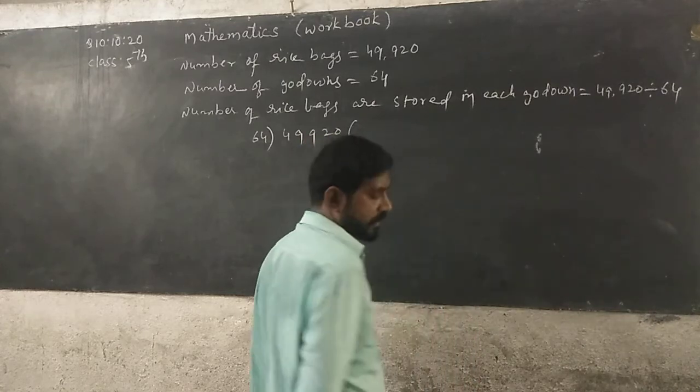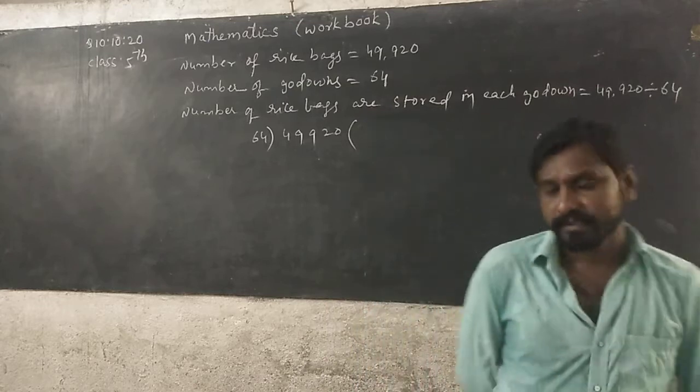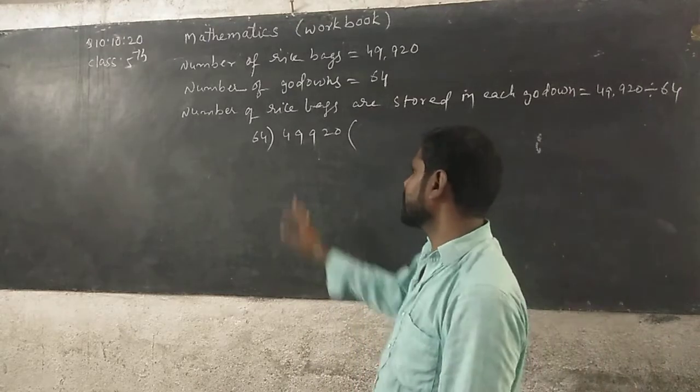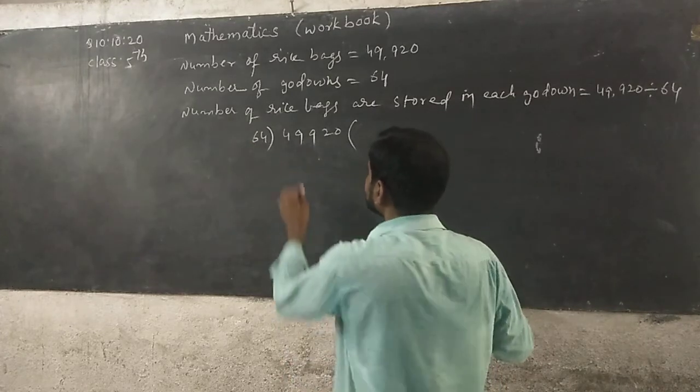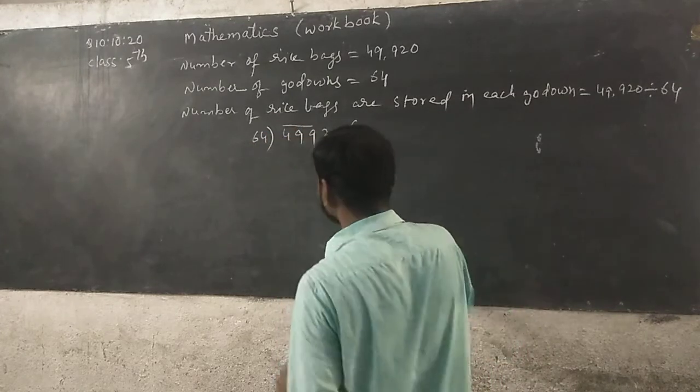Now here we have to take 3 digits from left to right side. If you take 2 digits, that is 49, 49 is less than 64. So I have to take 3 digits, that is 499.